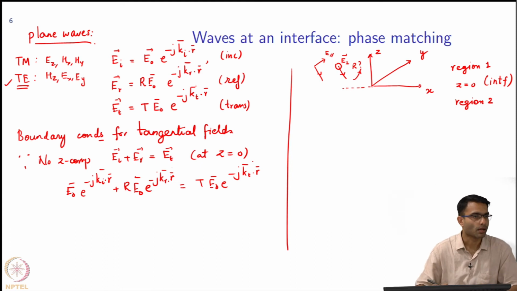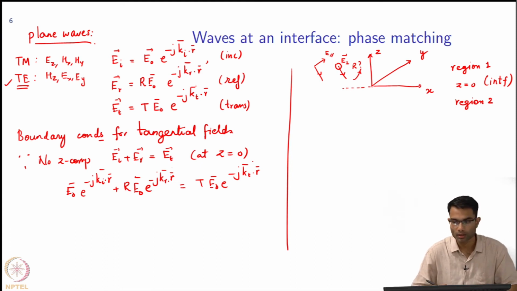Region 1 is defined by z greater than 0, region 2 is defined by z less than 0, top and bottom.